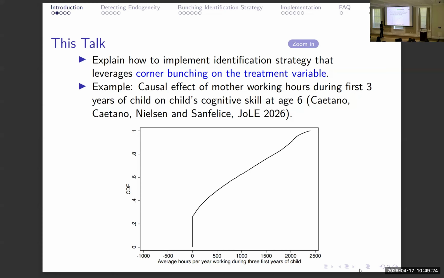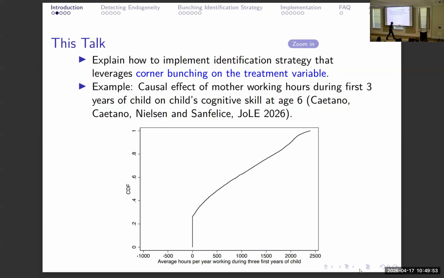But the key point here is that you will see a concentration of observations, in this case, at 0. That's what we mean by bunching at the corner. We see an unusual number of people exactly at 0. And if you look at the slope as you approach 0, remember that the slope of a CDF is the actual PDF, so you see that there are some people working about 10 hours, 15 hours.